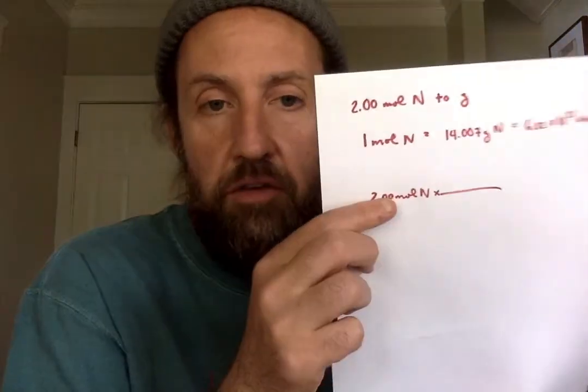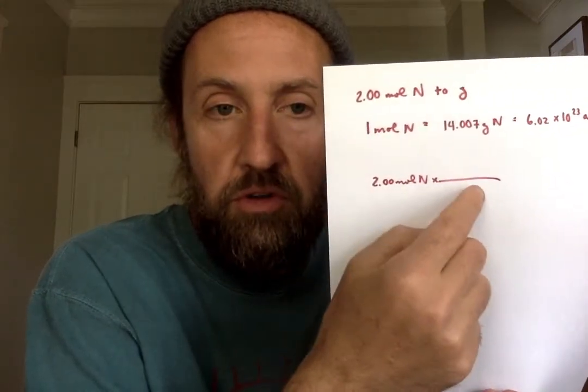So in this case, I'm going to write my moles, 2.00 moles of nitrogen. And then since I have moles here, the mole goes on the bottom because I'm switching out of moles into grams. So 1 mole of nitrogen is 14.007 grams of nitrogen.